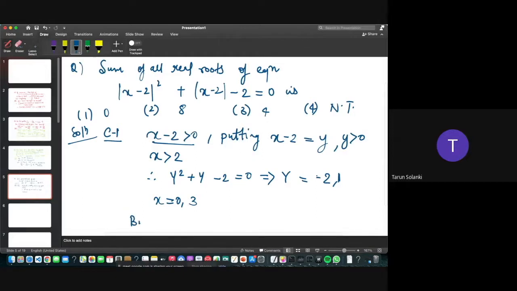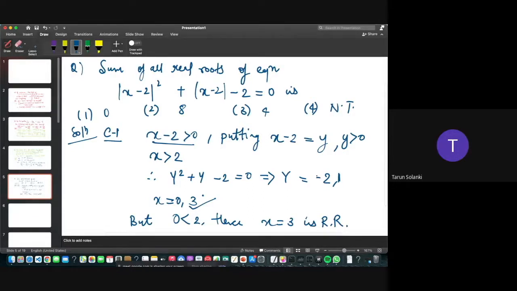But we know this 0 is less than 2. So, hence, x equals to 3 is a real root. This is our first case, right? So, one root we are coming up with is 3.